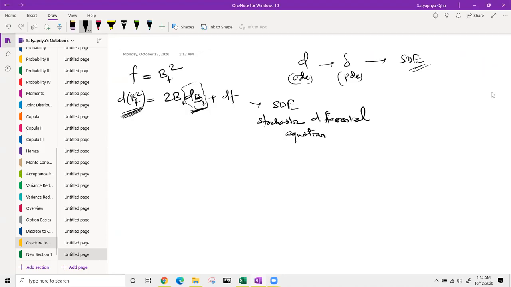Never will you see an equation which is dv by dt, we do not write derivatives in the equation. It is always differentials. In ordinary calculus, in partial differential equations, you can always write partial derivatives, ordinary derivatives. But in a stochastic differential equation, you will always see differentials in this form. All right.